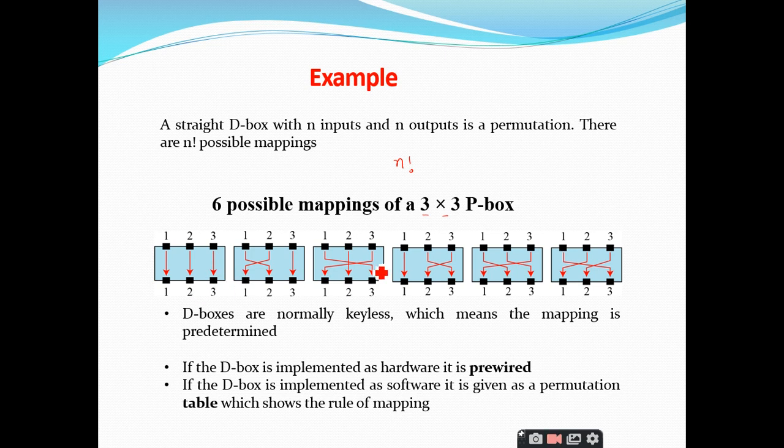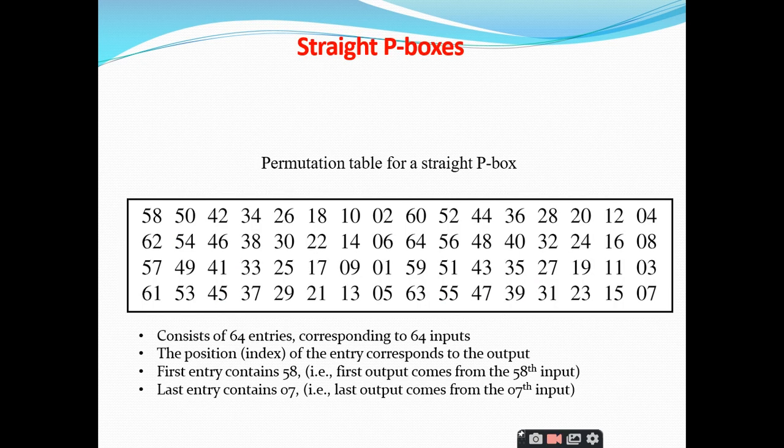All these things we have shown here. So if you keep on increasing the number of inputs and outputs, then the number of possible permutation tables will also increase, right? So you have to keep this in mind.